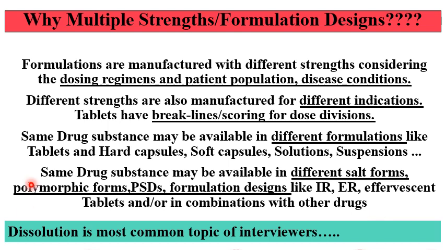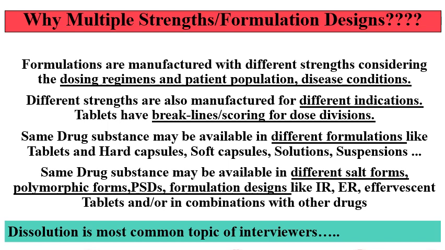Some drugs are available as a base and the salt form is also available for that same drug. Then different polymorphic forms are available. So every API may exist in some polymorphic forms, salt forms, crystal forms, or particle sizes.